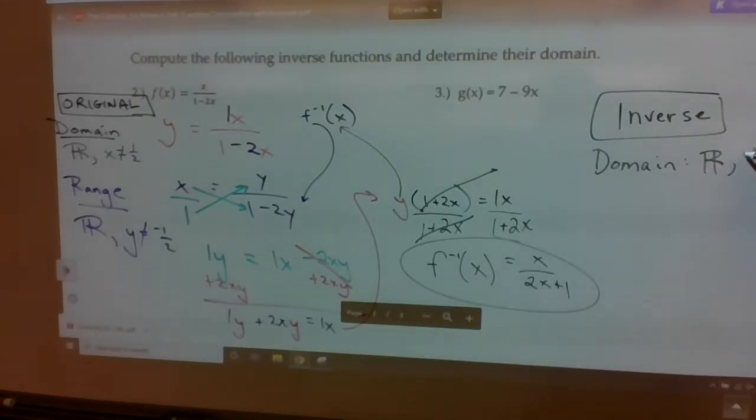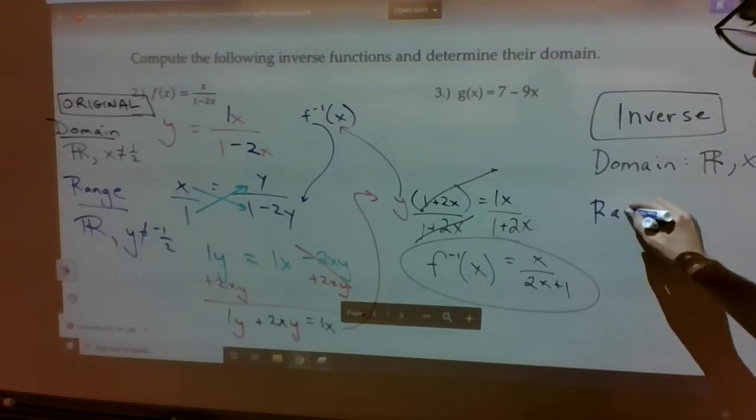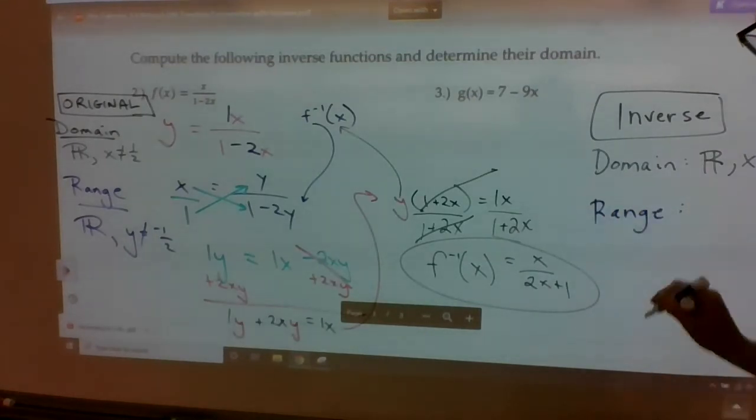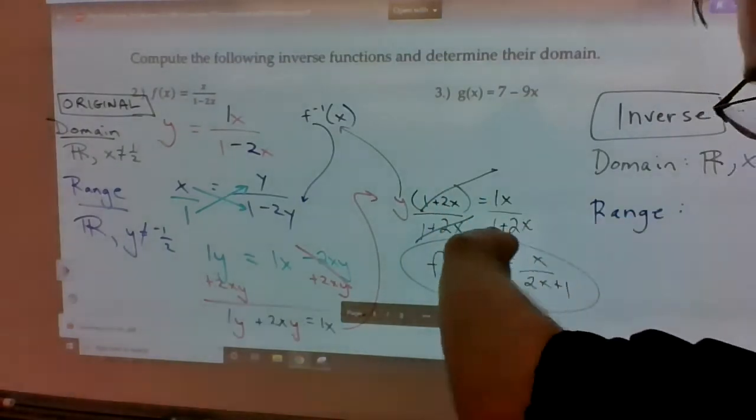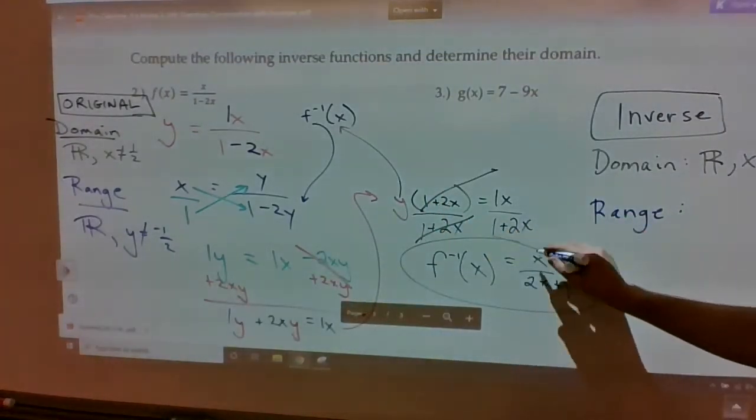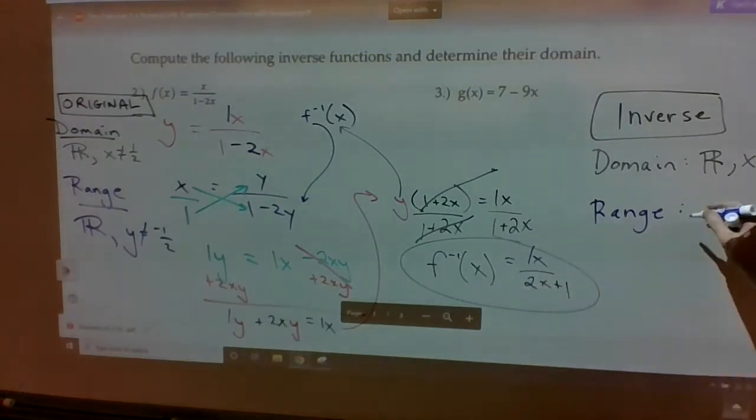It's everybody except x can't equal -1/2. And its range, again, we'll talk not vertical asymptotes like what you have on the bottom, but horizontal asymptotes. 1 over +2. So everybody but y can't equal 1 over +2.